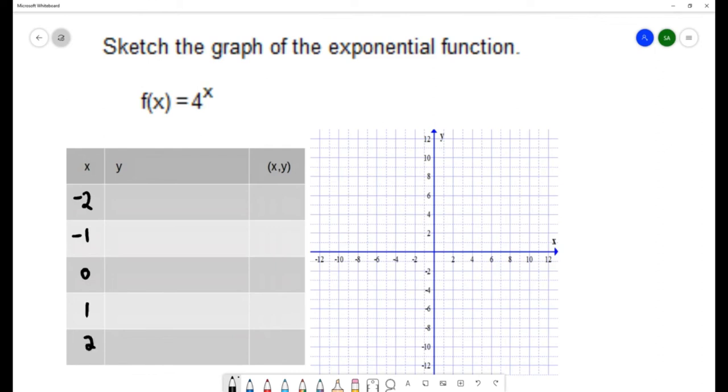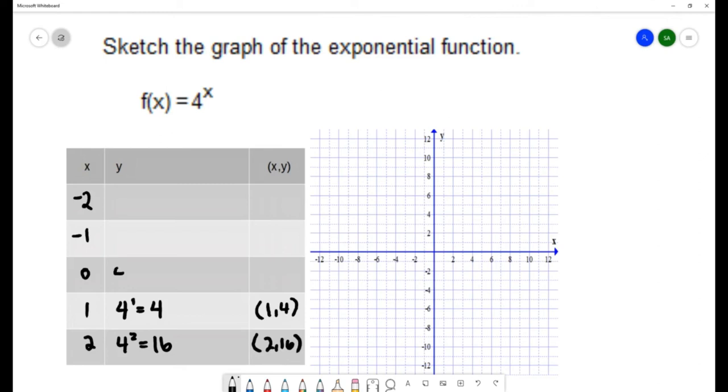We're going to substitute these into our x. I'm going to start with the easy ones down here. 4 to the first power is 4. That would give the ordered pair 1, 4. 4 squared is 16, and that gives the ordered pair 2, 16.